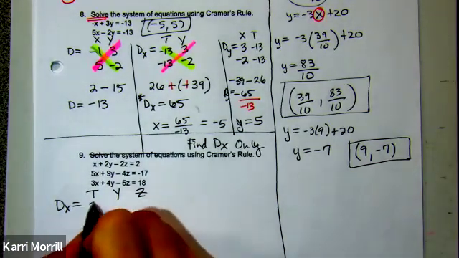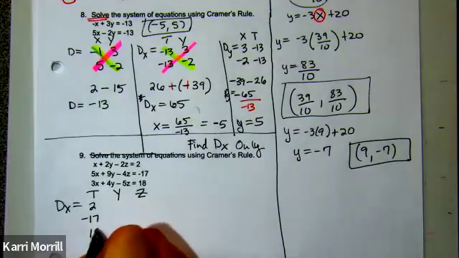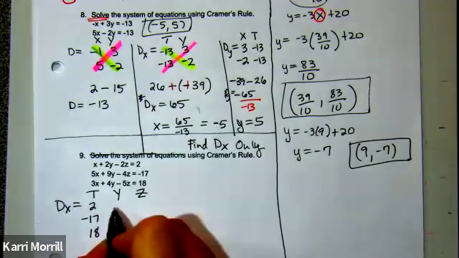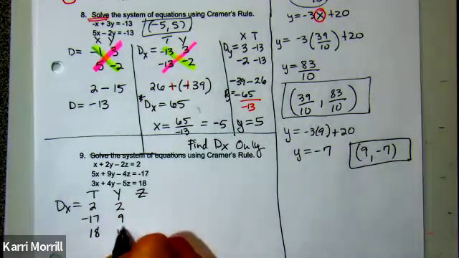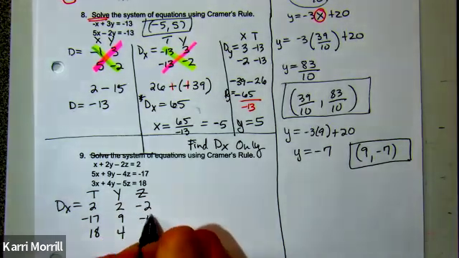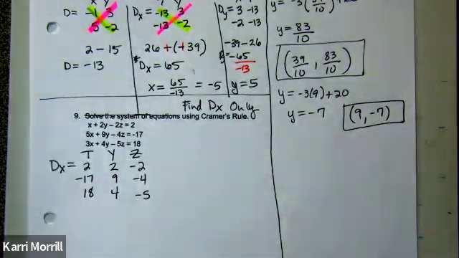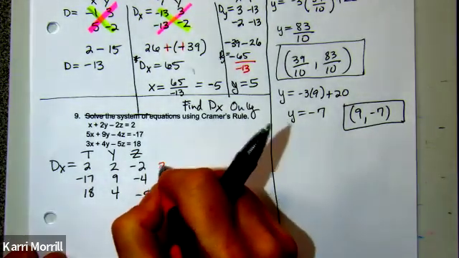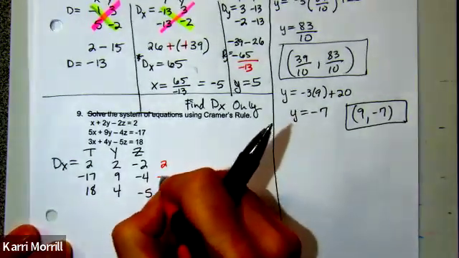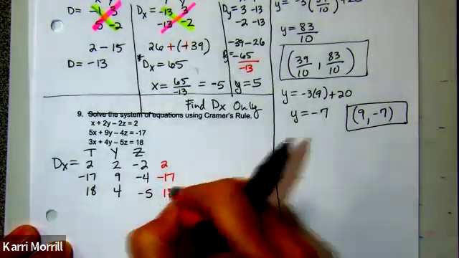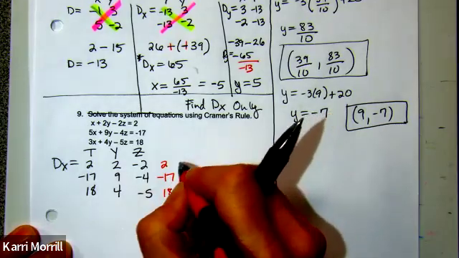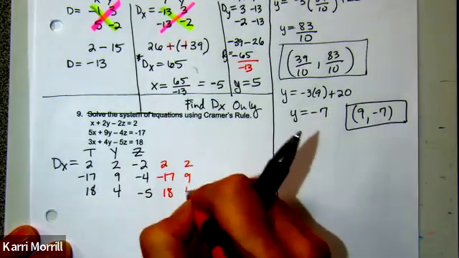So my total would be 2, -17, and 18. Then we have 2, 9, and 4, -2, -4, and -5. So I'm going to repeat my first two rows, 2, -17, and 18, and 2, 9, and 4.